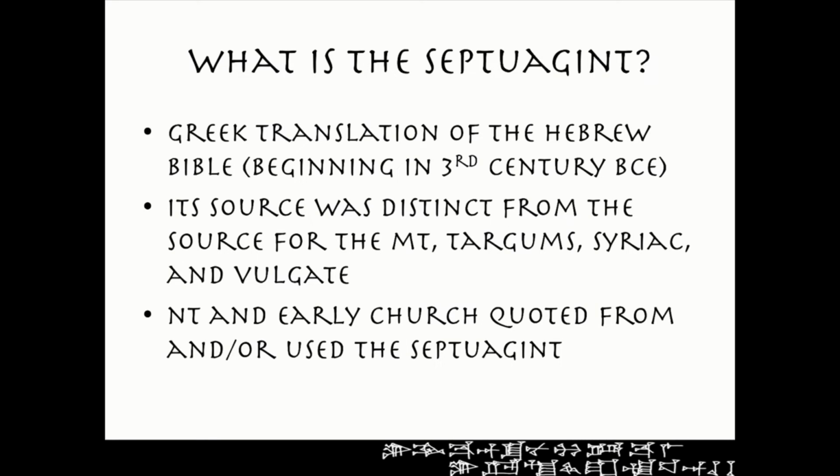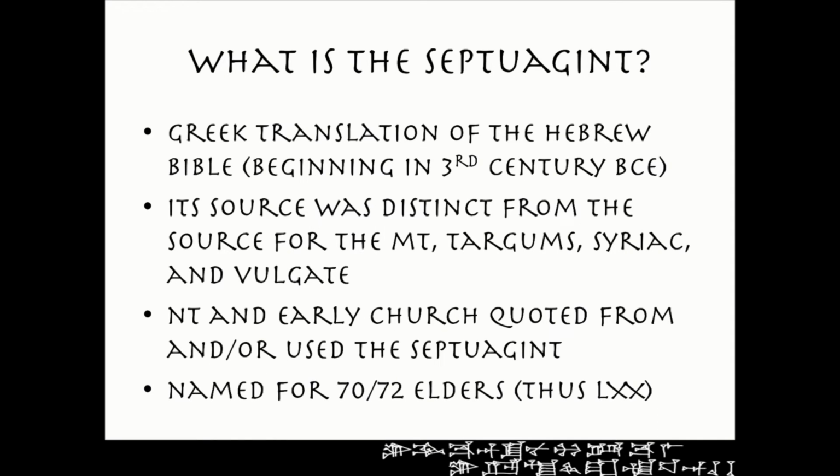So you see it in New Testament text, quoting Old Testament passages. The church fathers quoting from the Septuagint. So it's a very important text. Tradition has it that it was named for the 70 or sometimes 72 elders that translated it, and thus if you see the Roman numerals LXX, that's the Septuagint for 70.